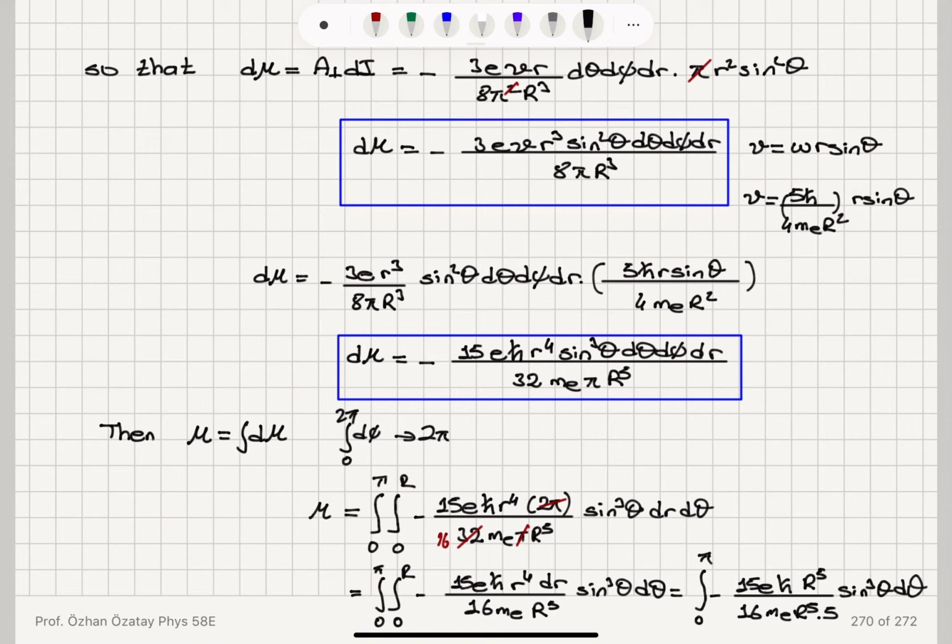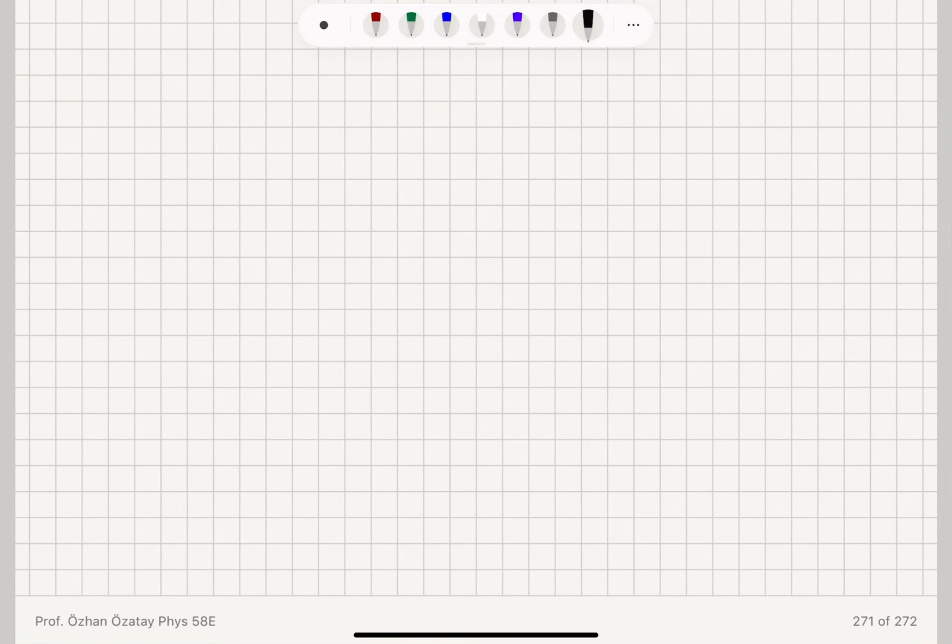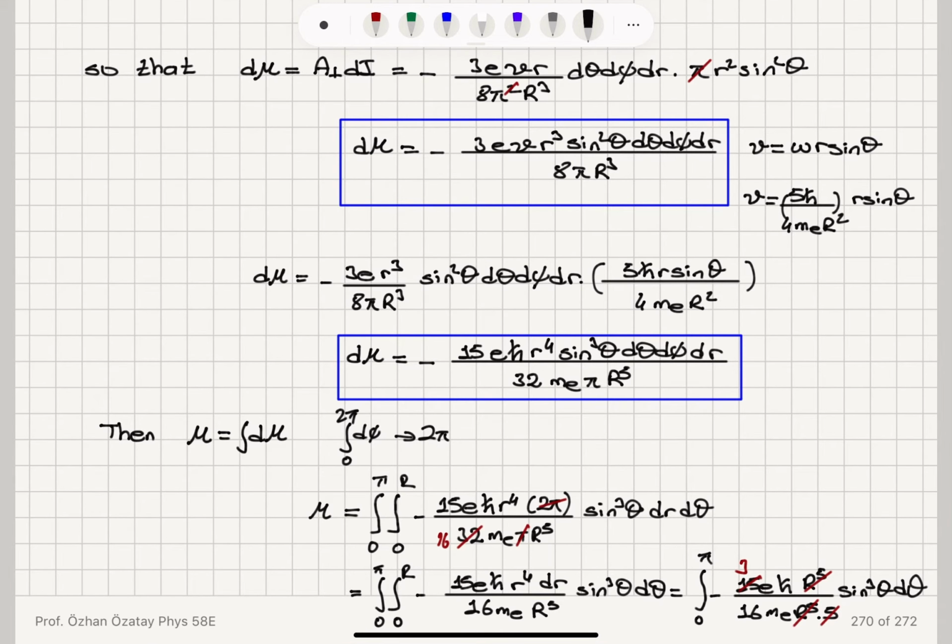And now you can see these R to the 5 terms cancel, and this 5 will make this 15 a 3. And I'm going to isolate a Bohr magneton in this result. So mu is equal to, I want to write minus e h bar over 2 m e at the front.